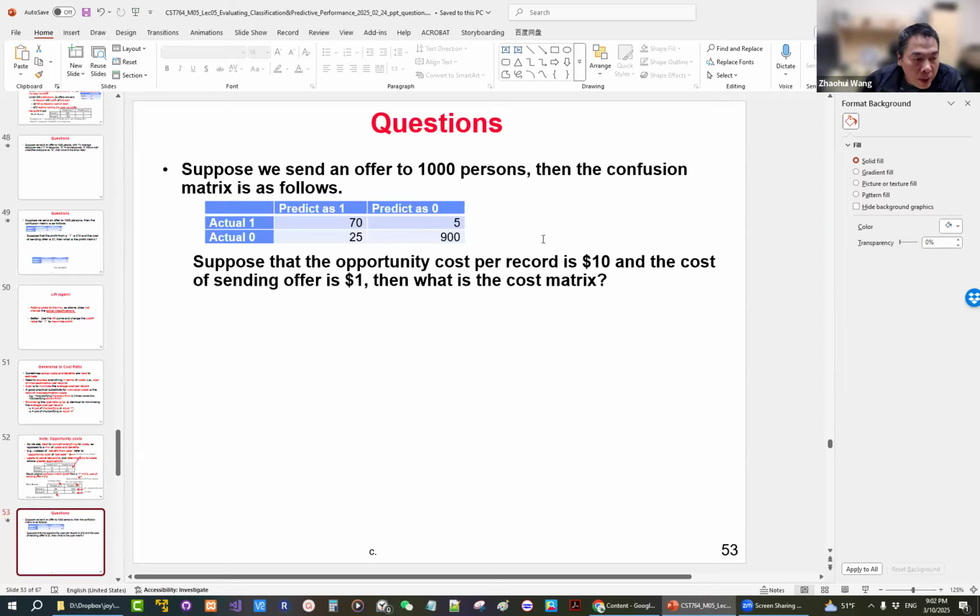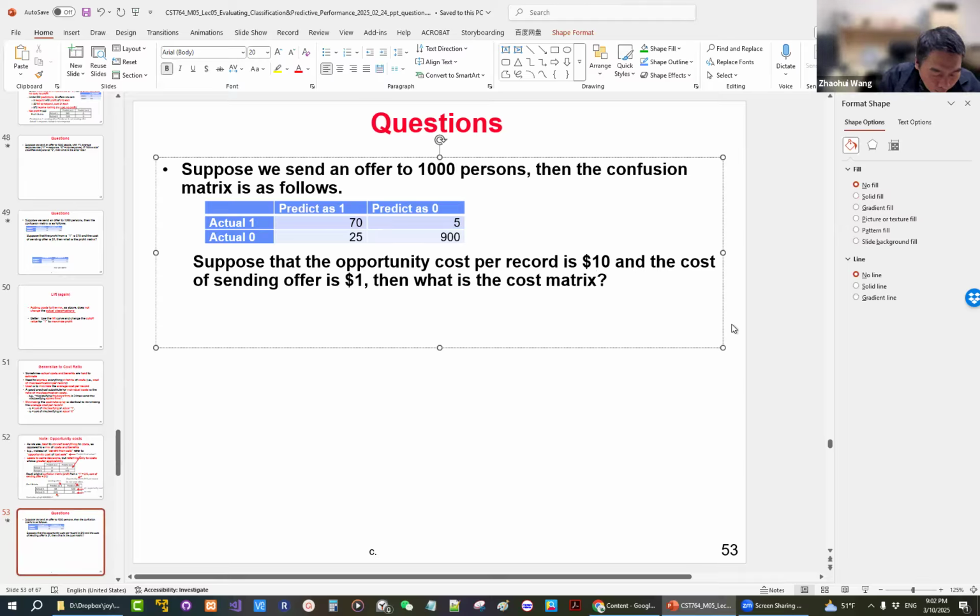Cost matrix will be 5 times 10, that would be 50. And then 25, and also 900. Divided by 25.